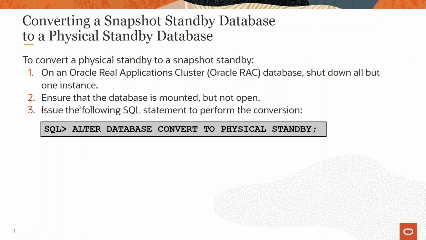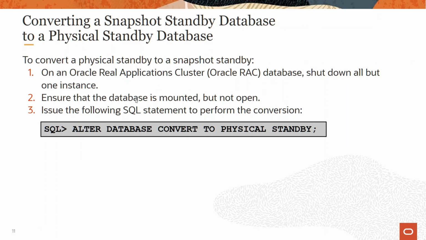And also you can convert a snapshot standby database to a physical standby database. To do so, on a RAC database, you have to shut down all of the instances except for one, and ensure that database is mounted but not open. And then we're going to issue alter database convert to physical standby database.